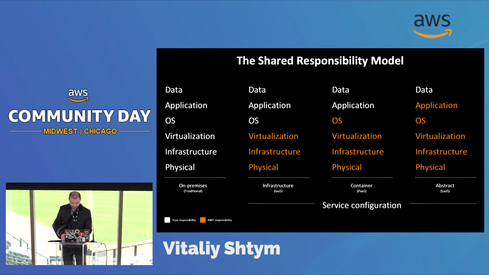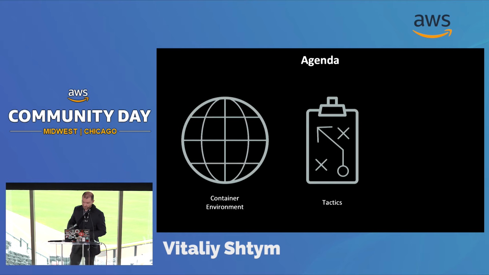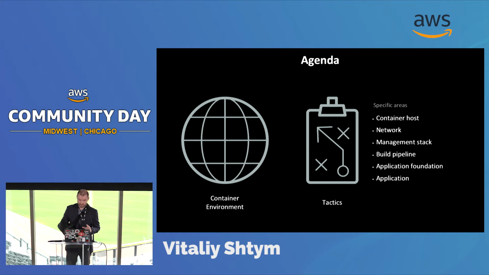So, the agenda. The container environment, we talked about this a little bit. The tactics are going to be one of the things we talk about in the next slide. And basically, these are the 6 areas that we're going to focus on today. Container host, mentioned a couple of times already, and that will depend on whether you're running on-prem or in the cloud. There are going to be different things you can do. Network, well, inter-container traffic is going to be everywhere.